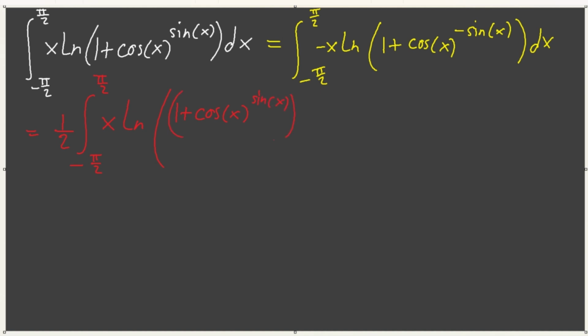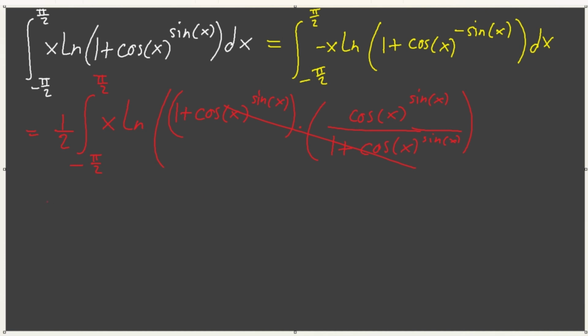I don't know why I put it at the top like that. Times this, which is cosine of x to the sine of x, over 1 plus cosine of x to the sine of x. Honestly, I wish I abbreviated this, but they cancel out, right?